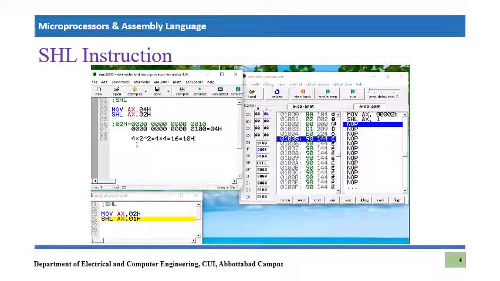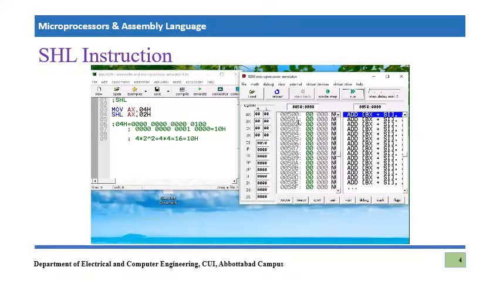Let's see: 04 is 100 in binary, and when we shift it by 2 units, the 1 moves over and the rest are 0, so that is of course 10 in hex. Furthermore, we can verify it using this emulator.